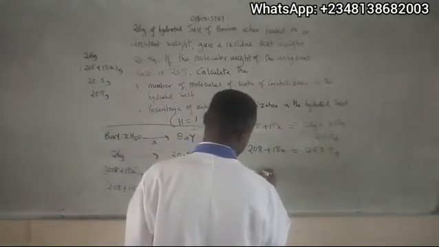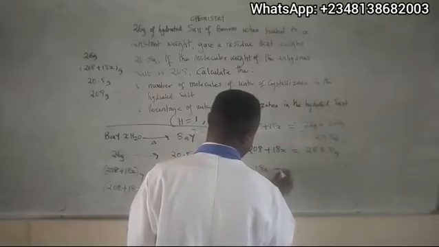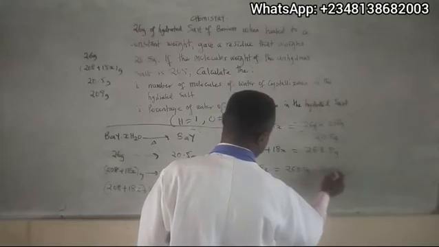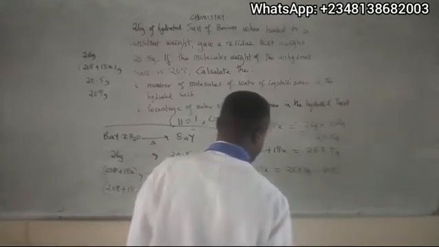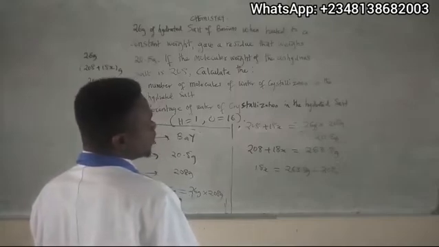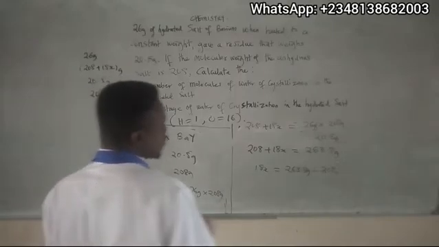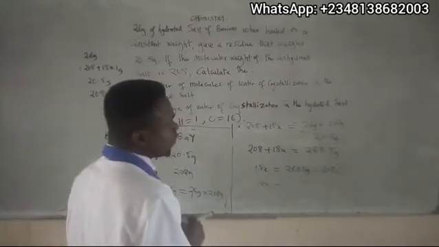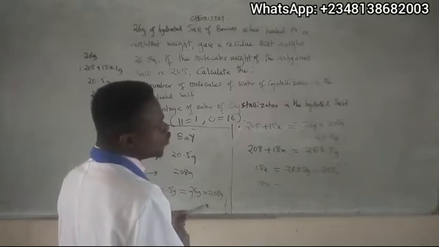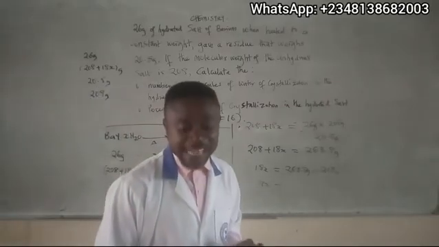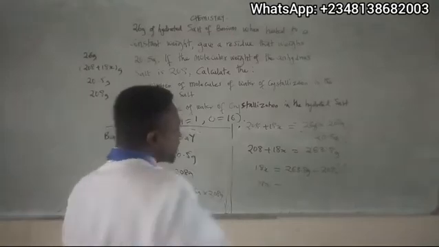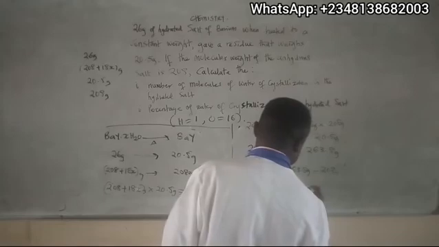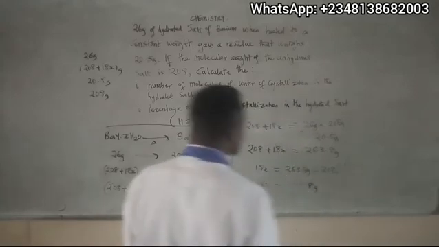So this will give us that 18x is equal to 263.8 gram minus 208. Remember this 208 is also in gram. Now, 18x is equal to 263.8 gram minus 208, which will give us around 55.8 gram.